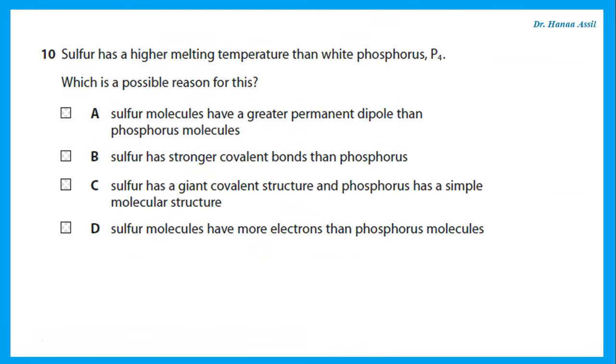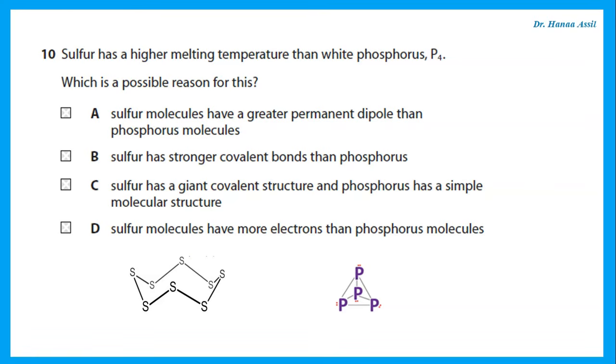Sulfur has a higher melting temperature than phosphorus, which is P4. Which is the possible reason for that? You should remember that sulfur is actually a molecule with 8 atoms. It's S8. Phosphorus is a molecule with 4 atoms. Now, why would sulfur have higher melting temperature than phosphorus?